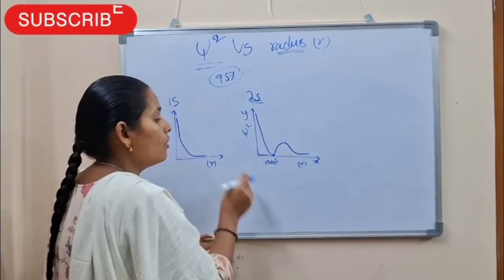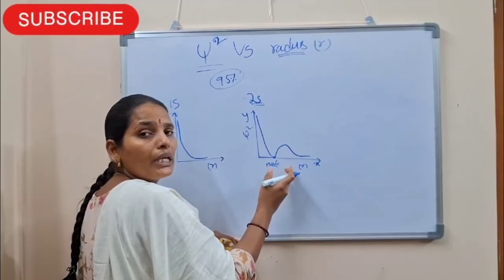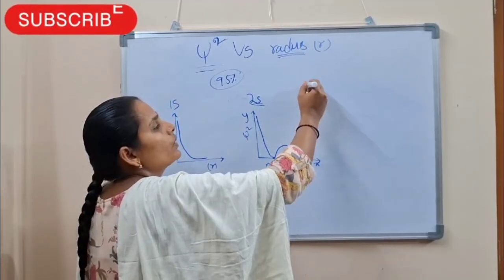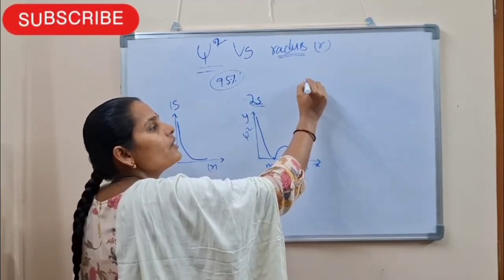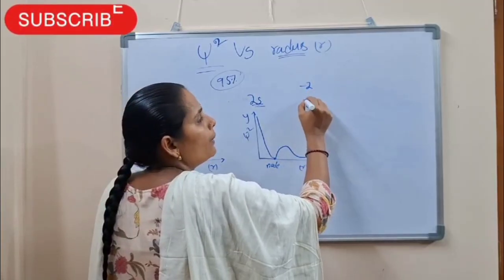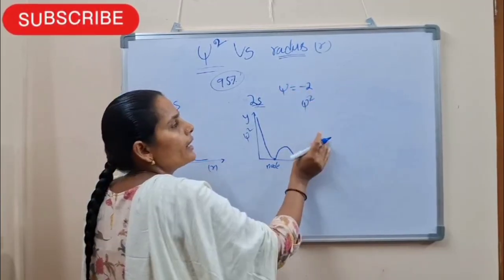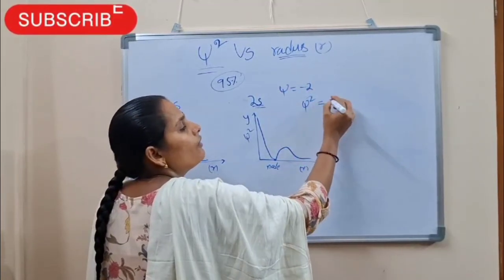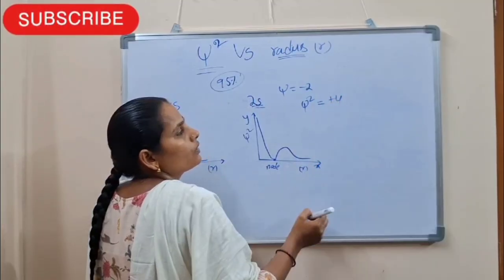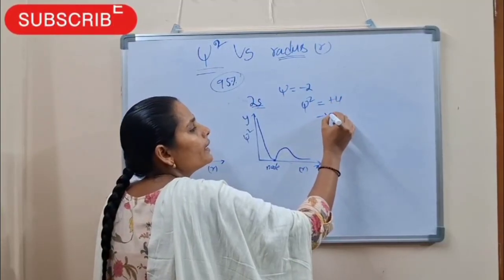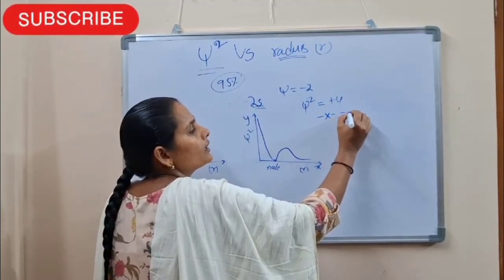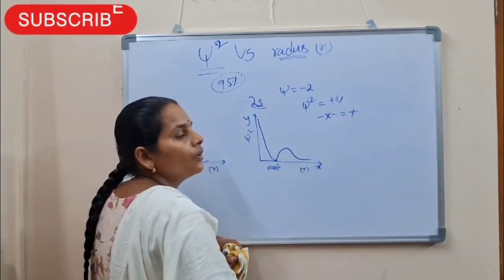Why are we not taking the negative part here? Because if the psi value is minus 2, then psi square is plus 4, since minus into minus gives plus.